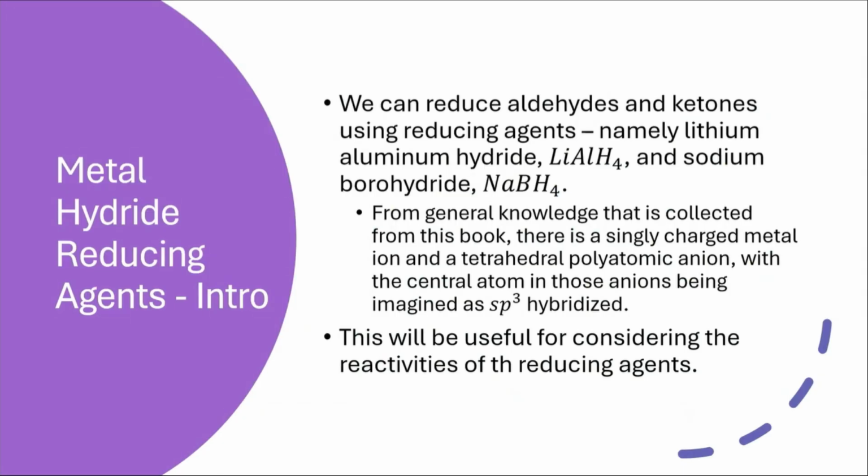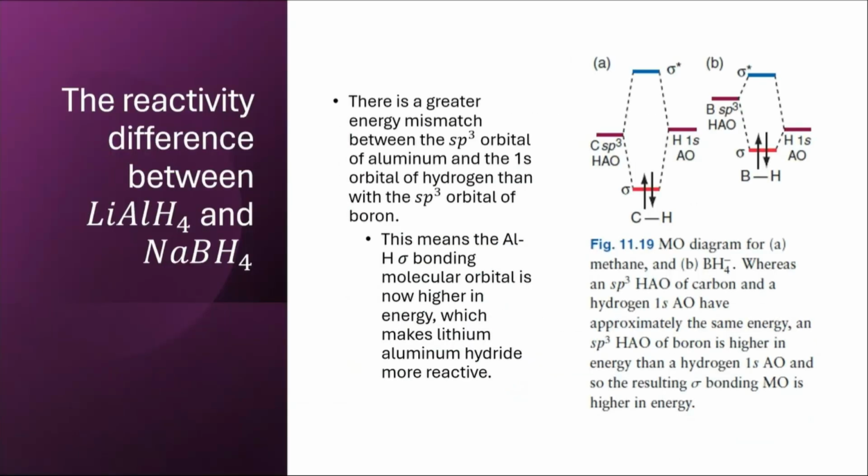The central atom in each of these anions is sp3 hybridized, even though hybridization is fake. This will be useful for considering the reactivities of the reducing agents. So let's talk about the reactivity difference between lithium aluminium hydride and sodium borohydride.